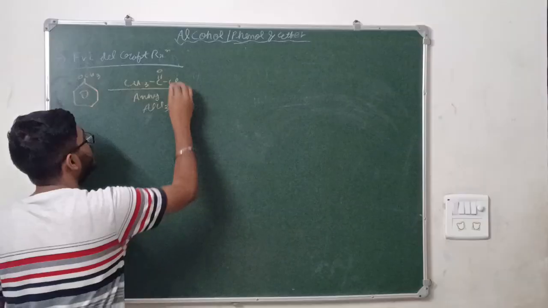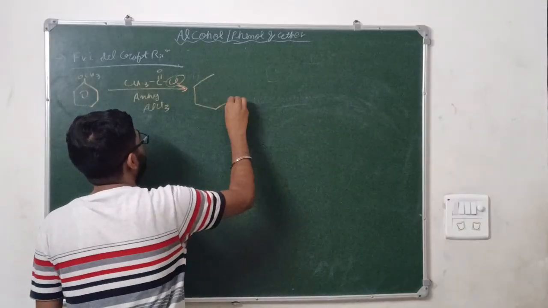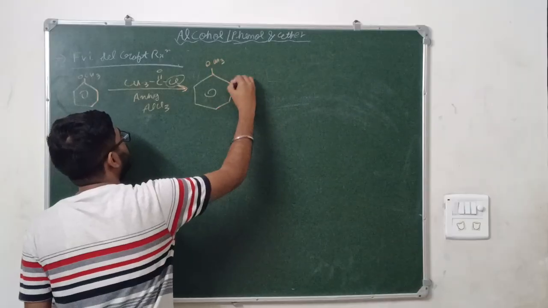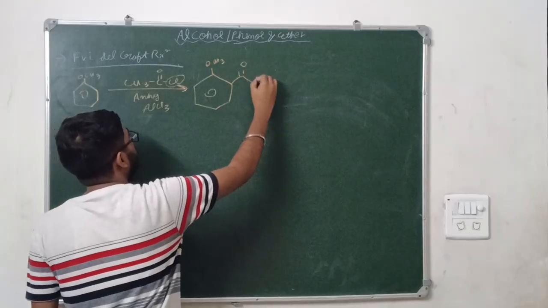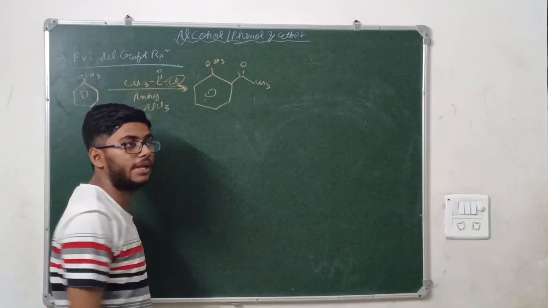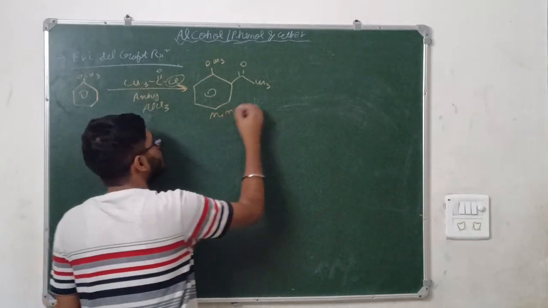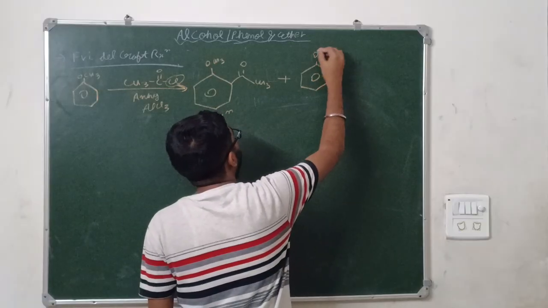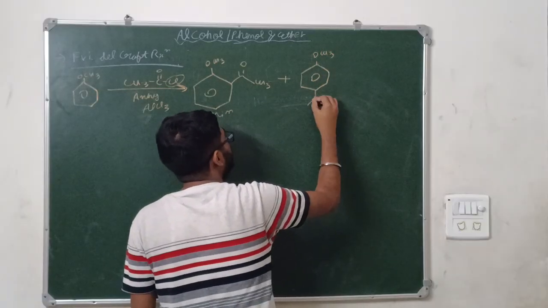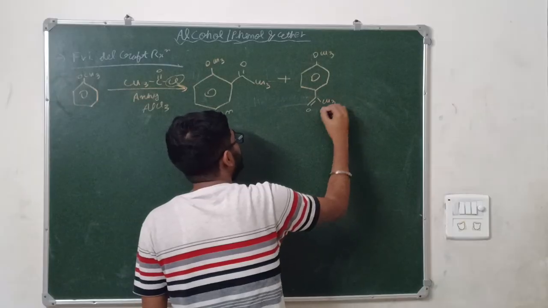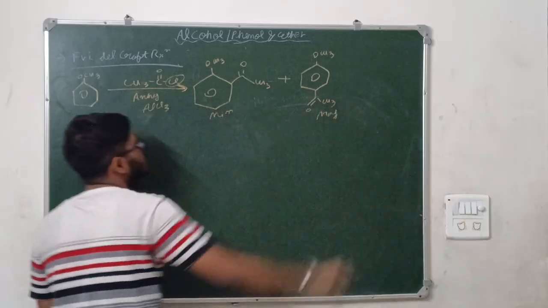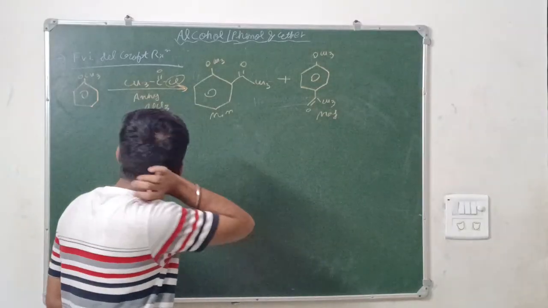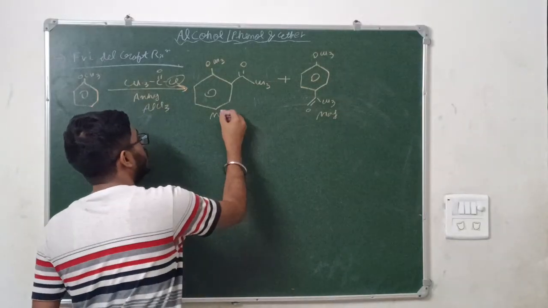It will take this chlorine with it, and the products that will be made are OCH3 with COCH3, this is minor, and this is major. Okay, para one is major and ortho one is minor.